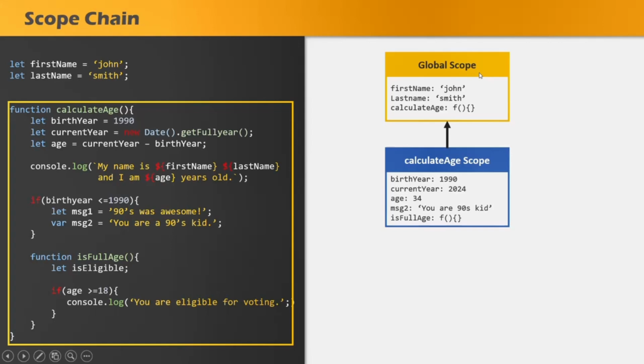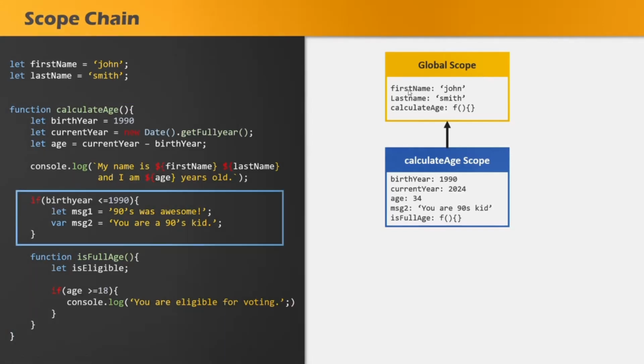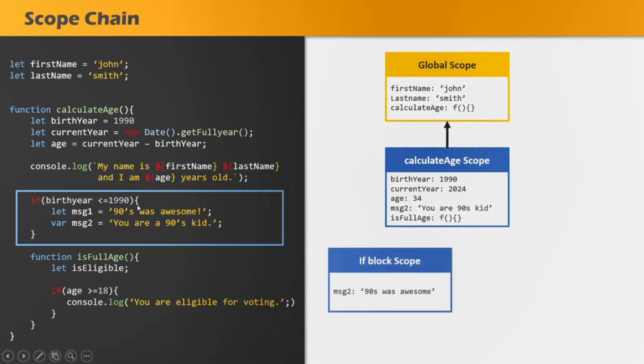Then, in this example, a new scope will be created for this if block also. When that scope is created, it will store all the variables and functions declared in that code block using let or const keyword. In this if block, there is only one variable declared using let keyword, which is message one. So this message one will be present in the scope of this if block, as you can see.